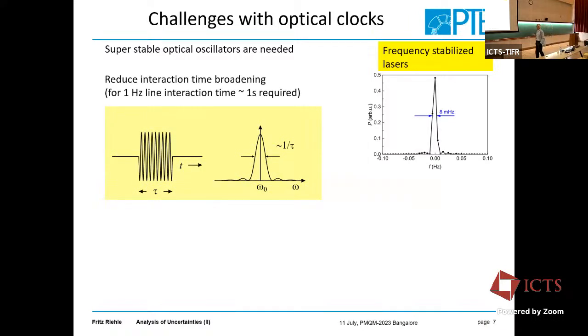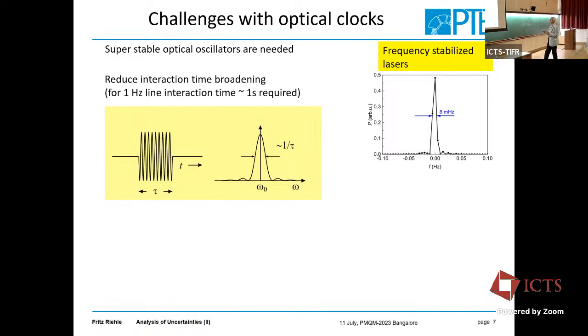The second thing, which I also talked about last night, is the interaction time broadening. If I want to interrogate the atom for a certain time, this means that I have something like a truncated interaction. This truncated interaction leads to a frequency width, and this width should not be much larger than the natural line width I want to measure.